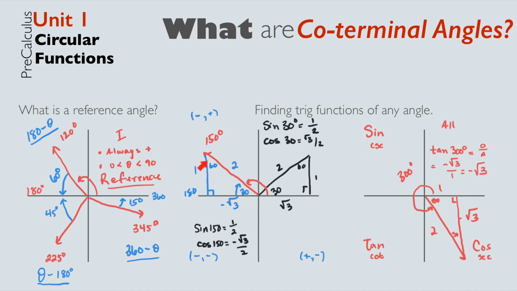That's what you saw over here. If I found the cosine, that cosine happened to be negative. So this is a way to give myself a way to check what's going on. So All Students Take Classes is an easy way to combat that positive versus negative rotation, inside the question of which trig function takes positive or negative values.